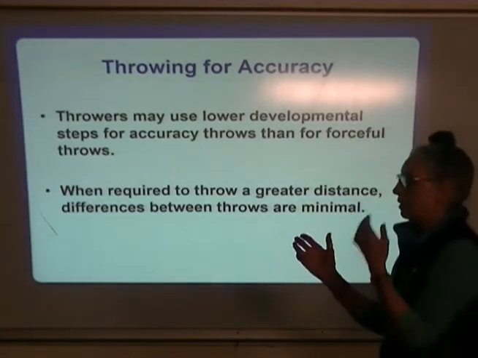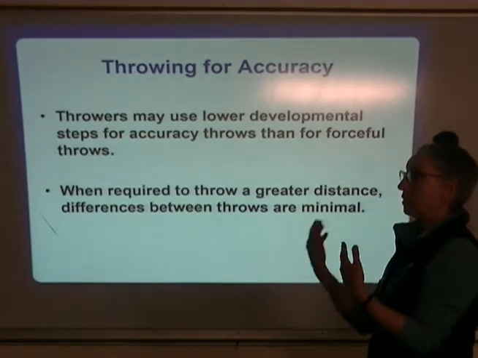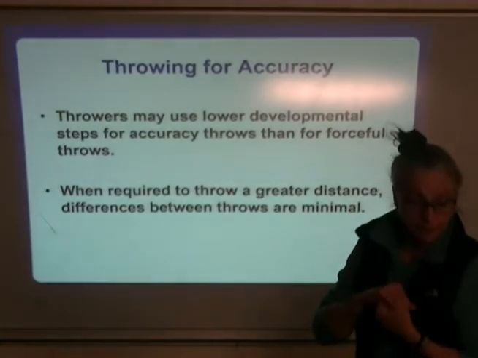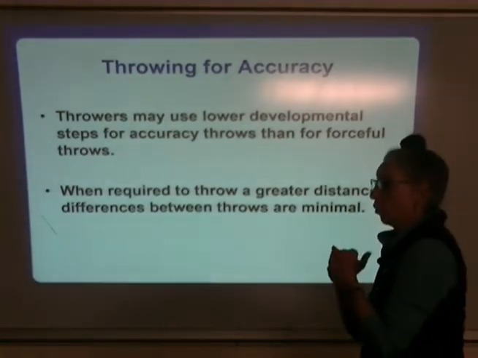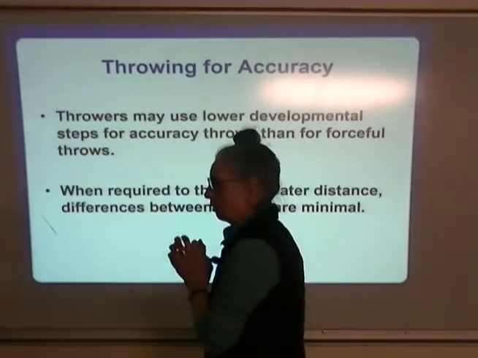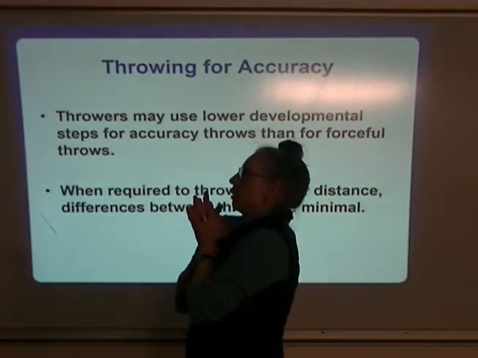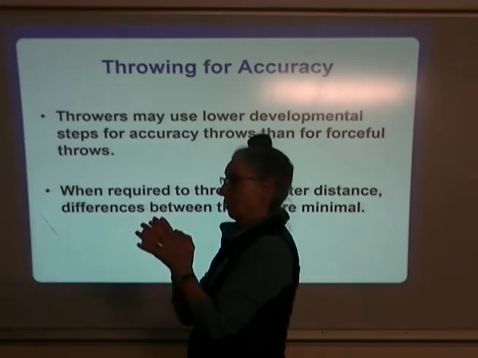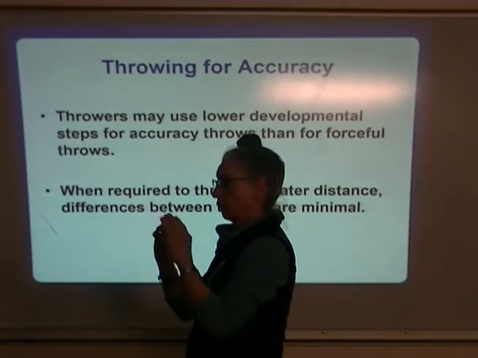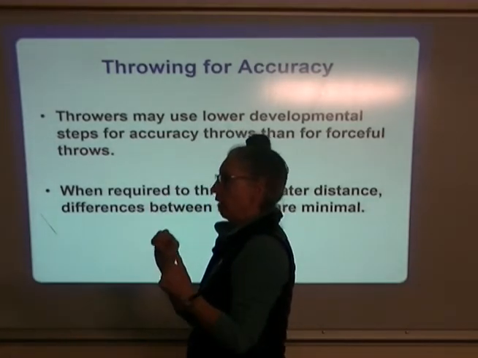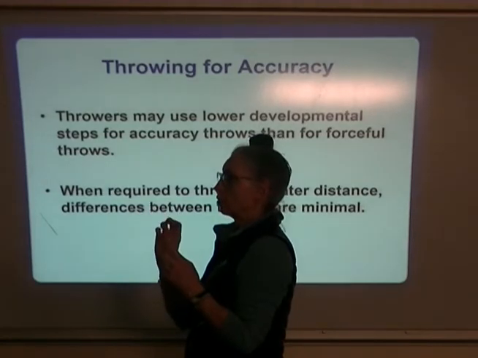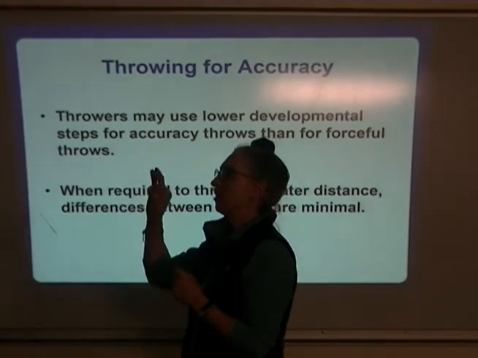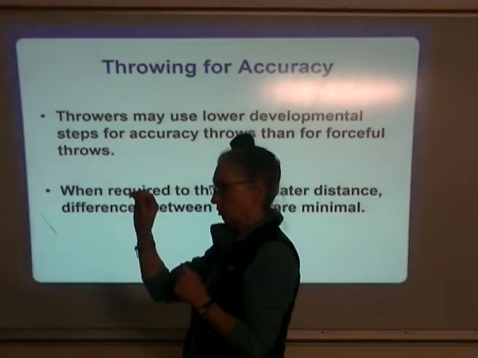Remember that the sequences we're used to looking at for assessing throwing are developed to assess throwing for force or distance. So when I change the goal of the skill, I'm changing a task constraint. Instead of asking someone to throw as hard as they can, I tell them they have to hit a particular spot.